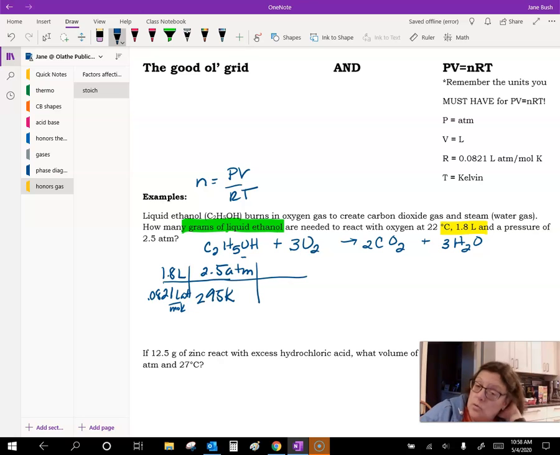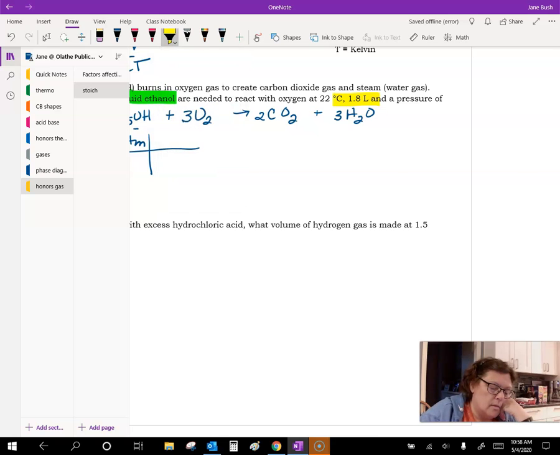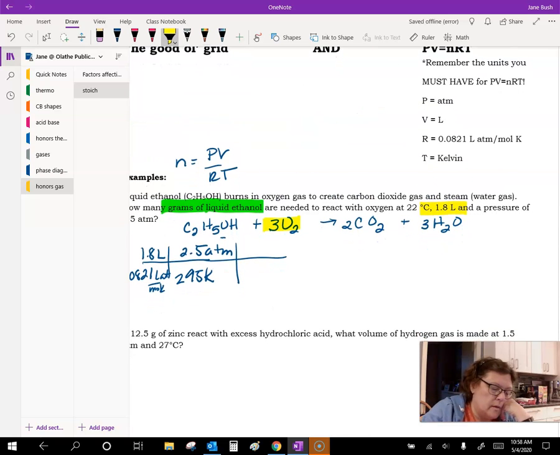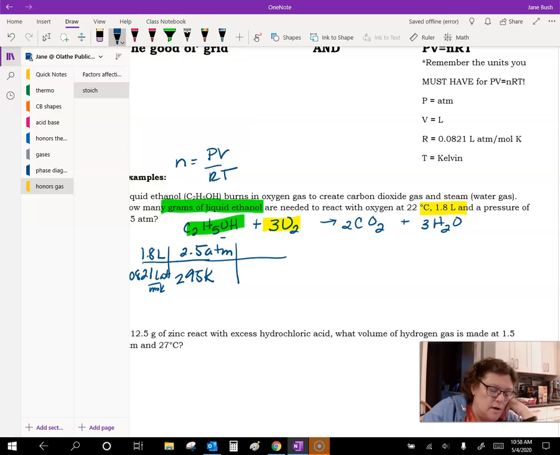So that takes us to moles of oxygen. Now we're going to solve for ethanol. So for our ratio, we have 3 moles of O2 will give us 1 mole of ethanol.